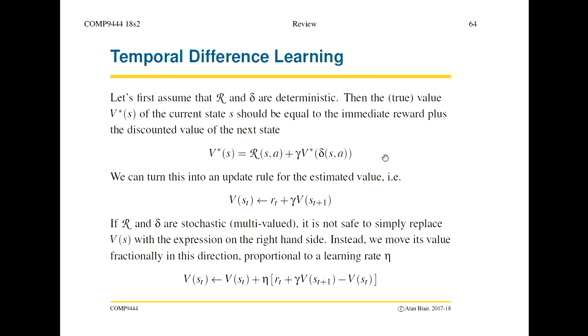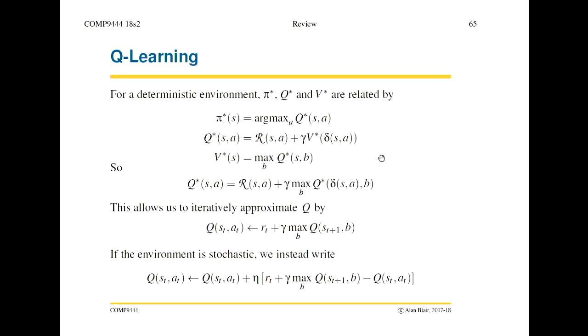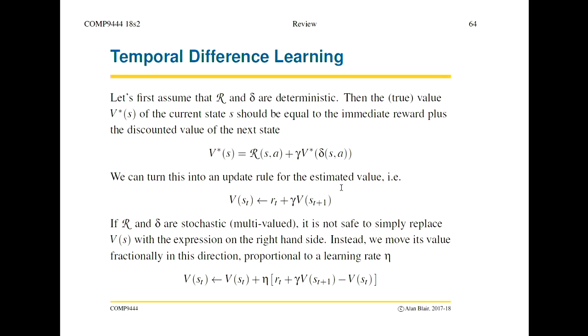But if it's stochastic, we instead do a weighted average based on this learning rate. The new value is weighted by eta, and the old existing value is weighted by 1 minus eta. Sometimes we saw the same thing in a slightly different notation.